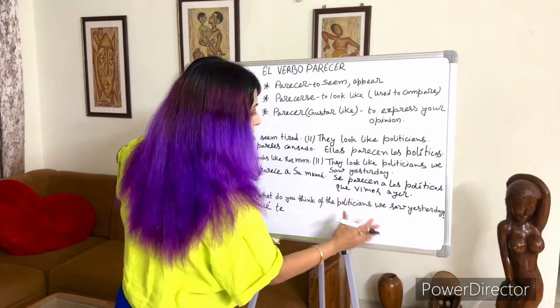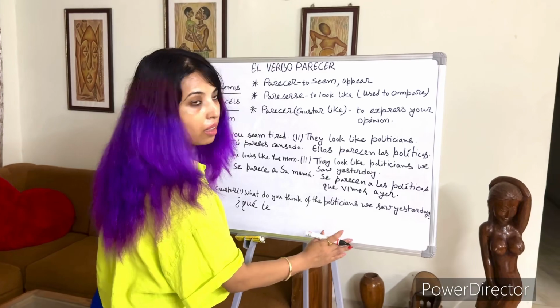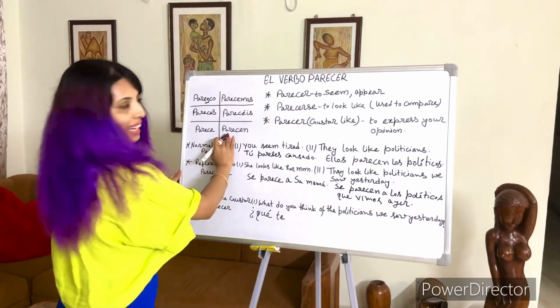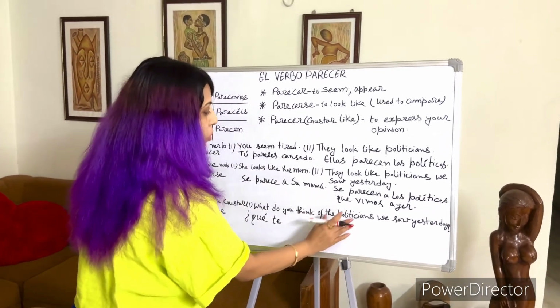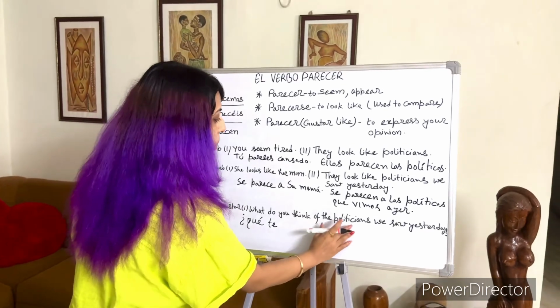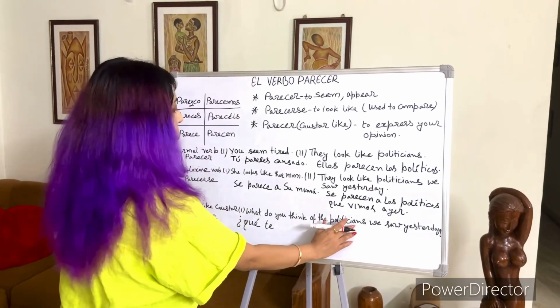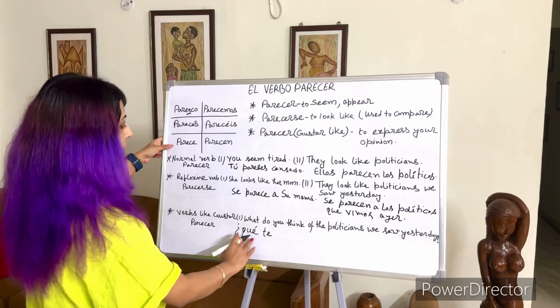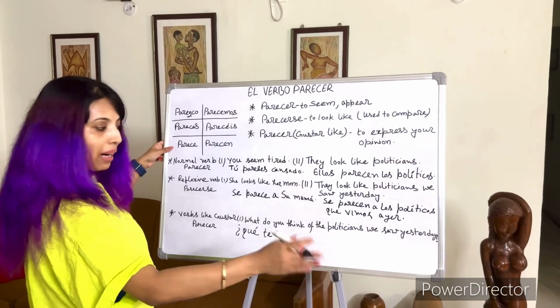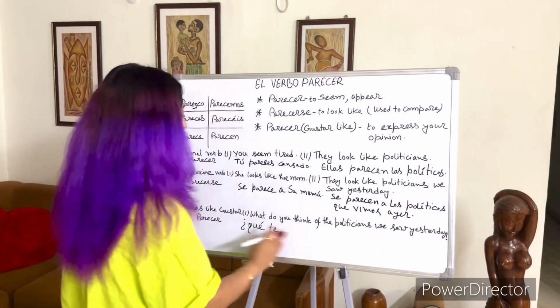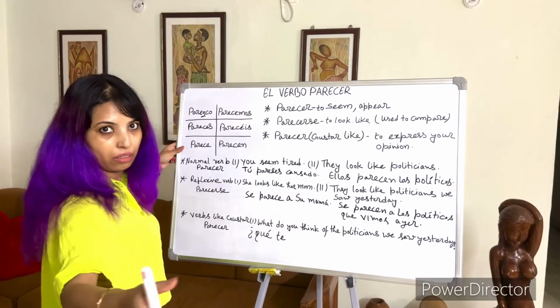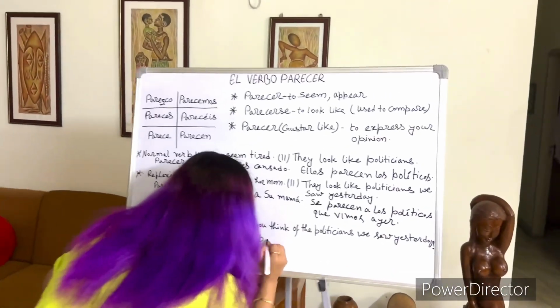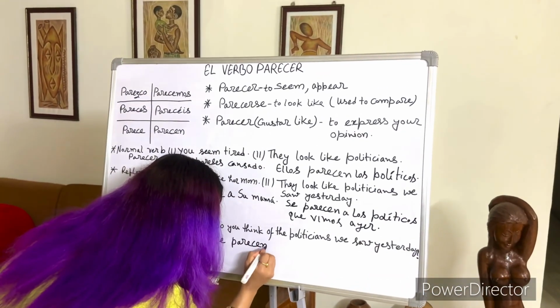So politicians is in plural, so we will be using parecen. If it had been only one politician, then we would have said qué te parece. But here it is politicians, so we will be asking qué te parecen.